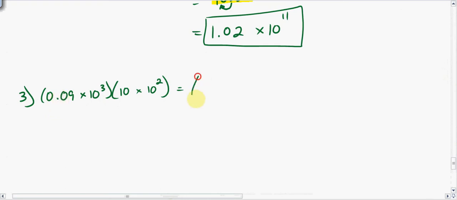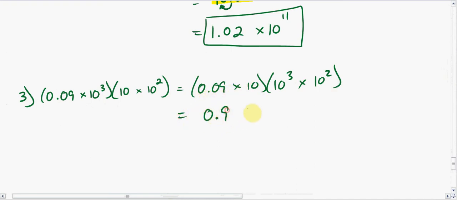So I'm going to regroup and say 0.09 times 10, and that's going to be times 10 cubed multiplied by 10 squared. So 0.09 times 10 gives me 0.9 times 10 raised to 3 plus 2, which is 5. 0.9 times 10 to the 5th power.